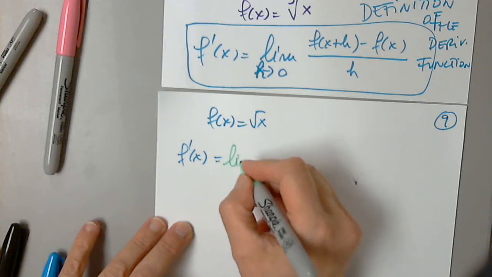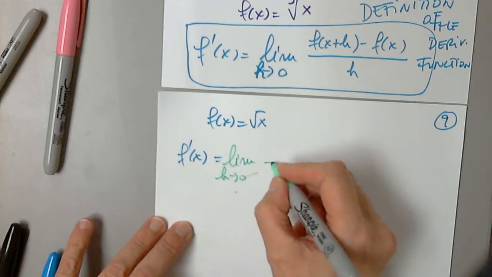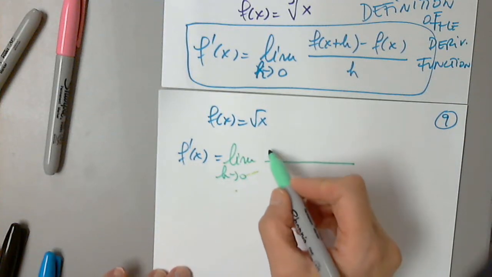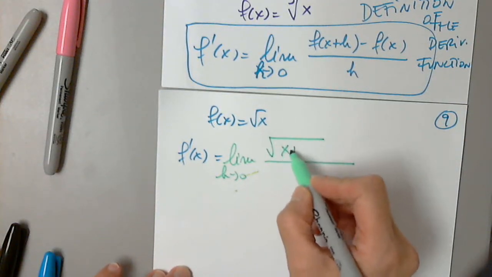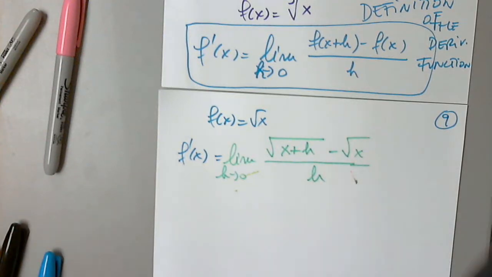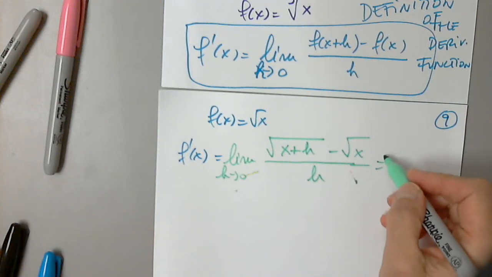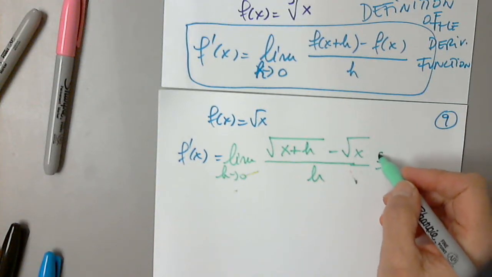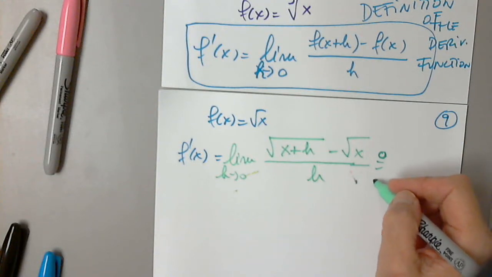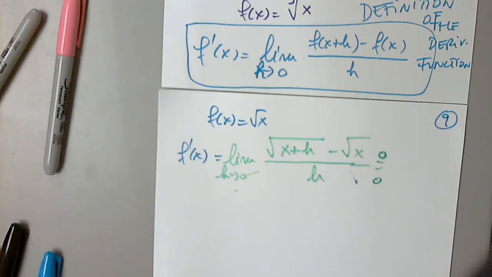So I have to write the limit as h approaches 0 of what? Square root of x plus h, sorry, minus square root of x, over h. Excellent. We plug it in, and of course, what are we going to get? Right?